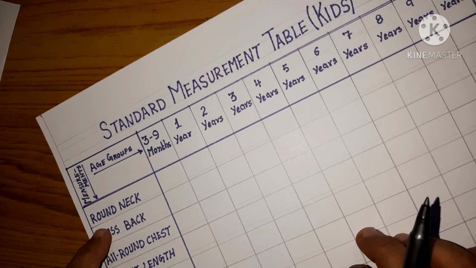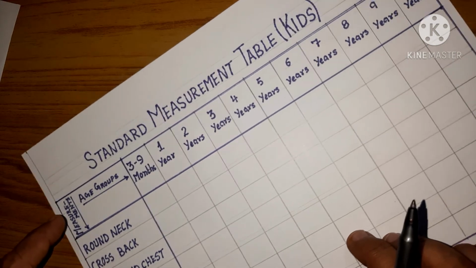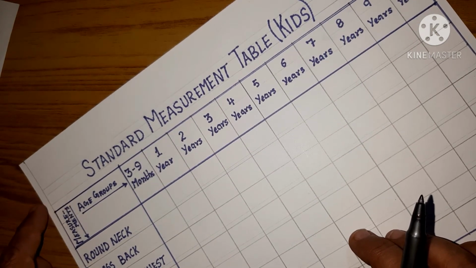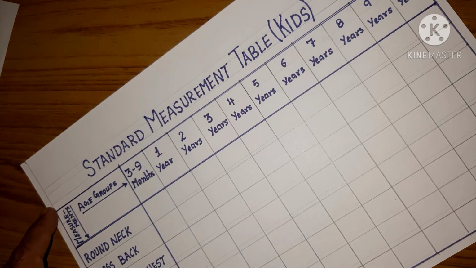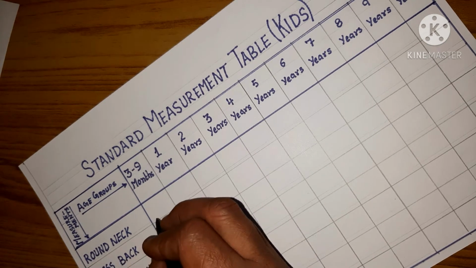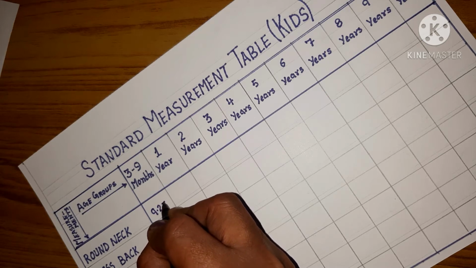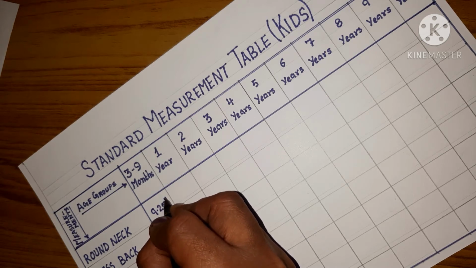First is round neck. Round neck, you know, is where you keep the tape around the neck of the child. It will help you make dresses with collars. So for a 3 year baby, round neck measurement would be 9.25 inches.